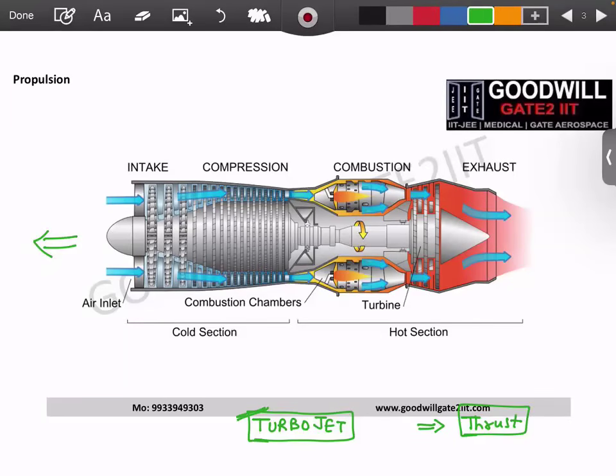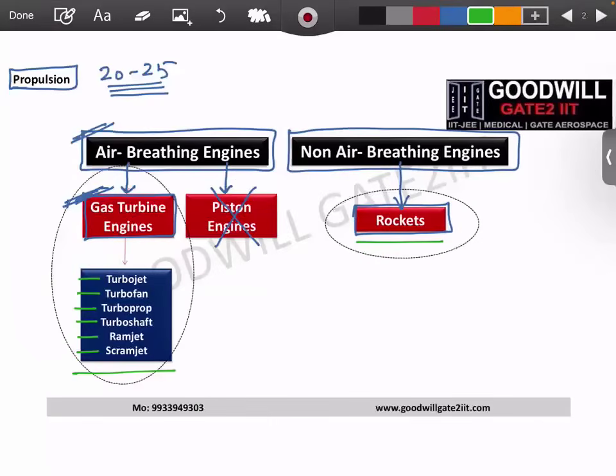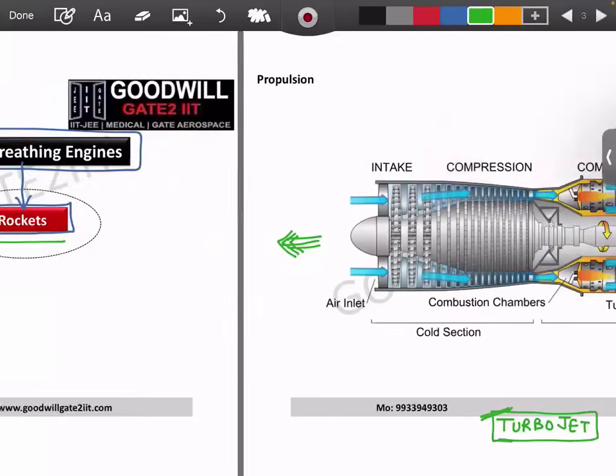And depending upon the power of the engine, you have fast moving aircraft, slow moving aircraft, and so on. And depending upon the speed, we decide which engine we should use. So you cannot use every aircraft with turbojet. You cannot use turbofan all the time. You cannot use turboprop. You cannot use turboshaft. You cannot use ramjet.